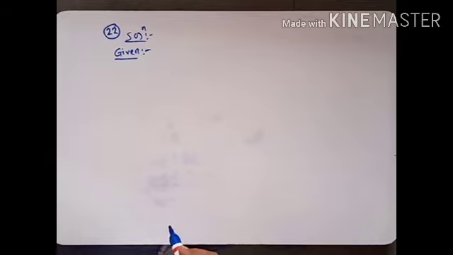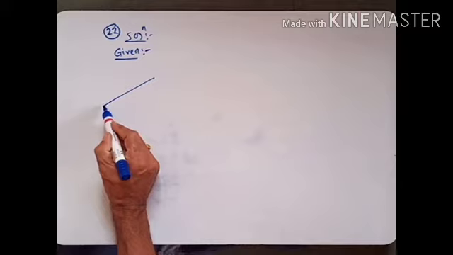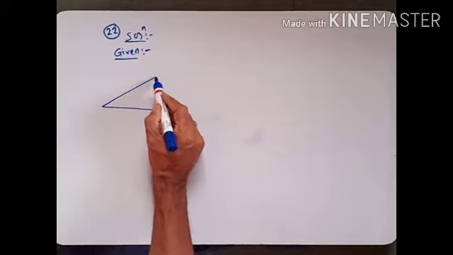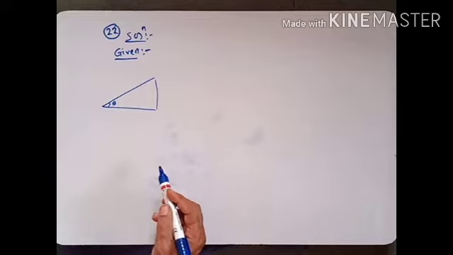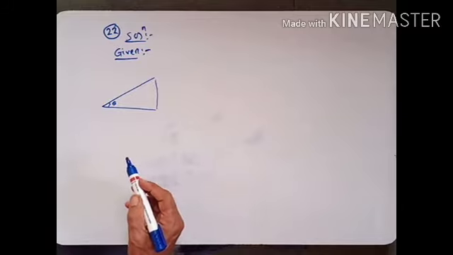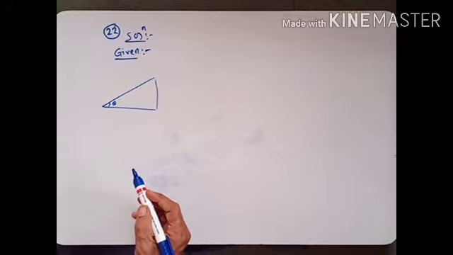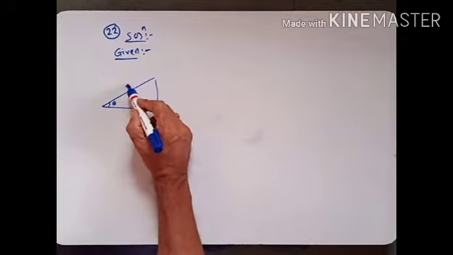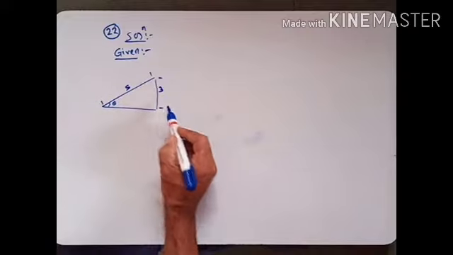Now, here we consider, suppose this is the incline. Suppose this angle is theta. Then it rises 3 in every 5. That means if this is 5, then this much is 3.